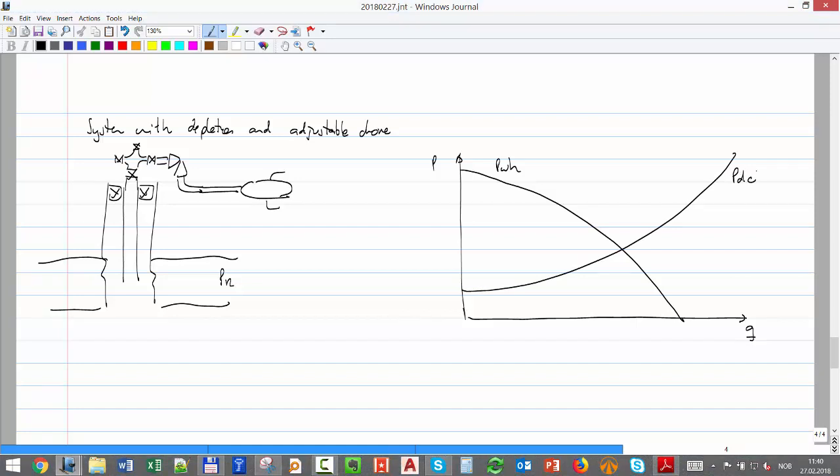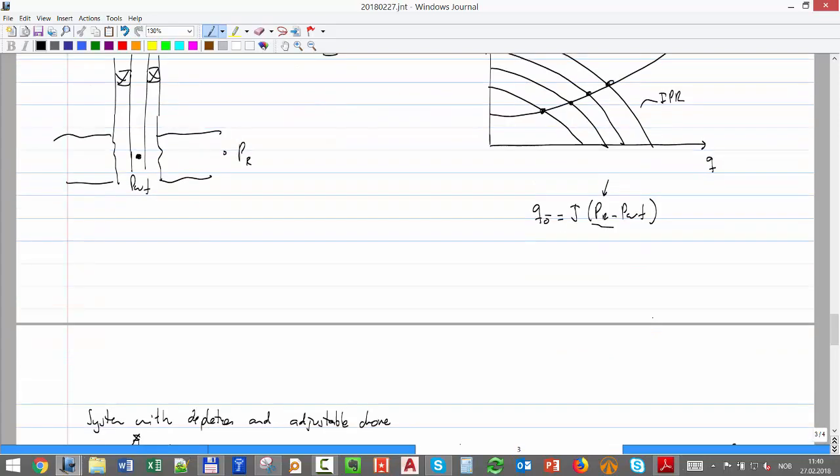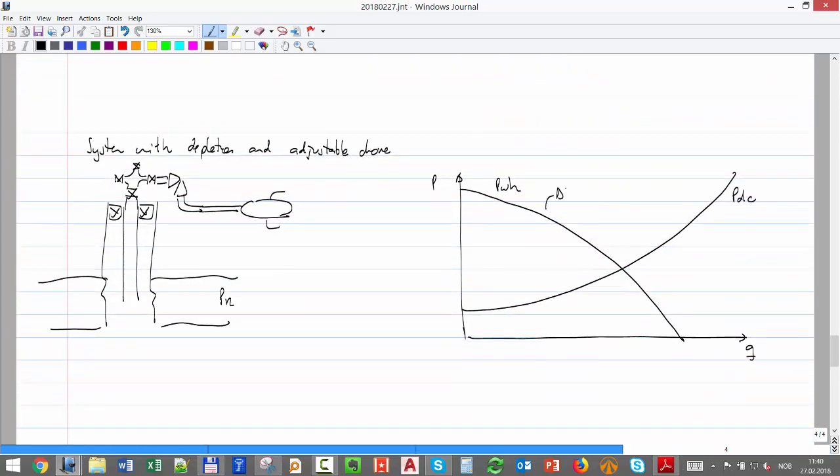Okay, so which curve is going to change with depletion? PWH, right? How is it going to look like? Exactly the same, a similar trend like this one, right? Remember, this curve is only delta P in the reservoir. Now, this curve here has delta P in the reservoir plus the delta P in the tubing.